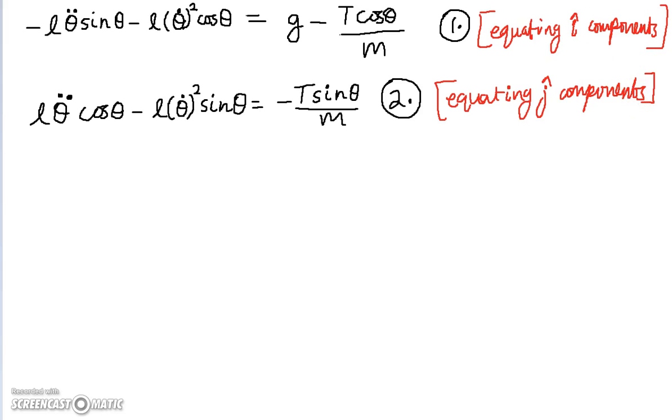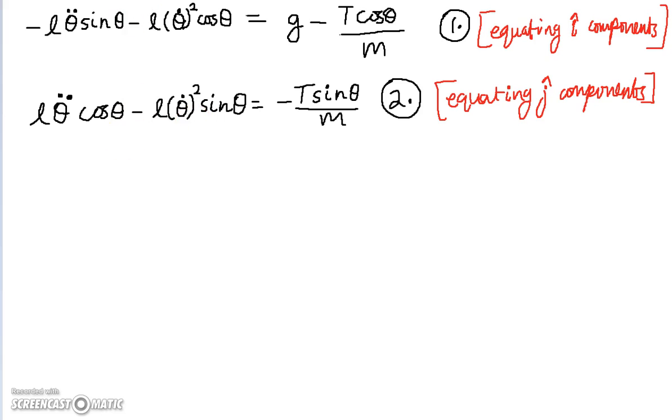We have two equations, and we're going to solve both and derive an important relationship between the angular displacement, the length of the pendulum and the gravitational field.